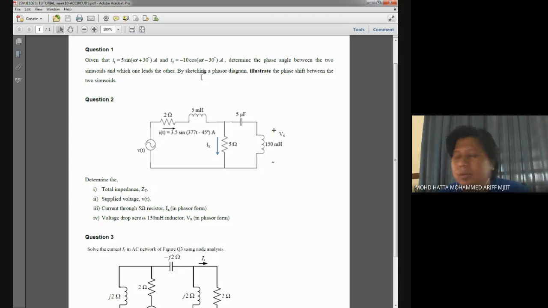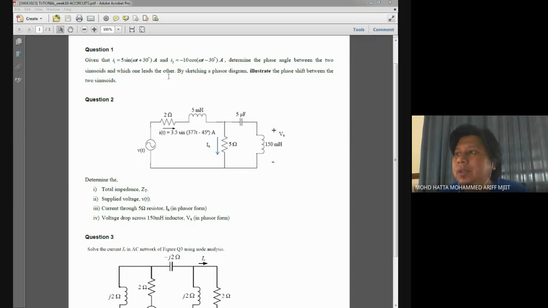So you need to somehow make those 2 sinusoids in similar or identical terms. If you prefer sine, it means that this I2 should be converted into a sine equation. If you prefer cos, it means that this I1 should be converted into a cosine equation.